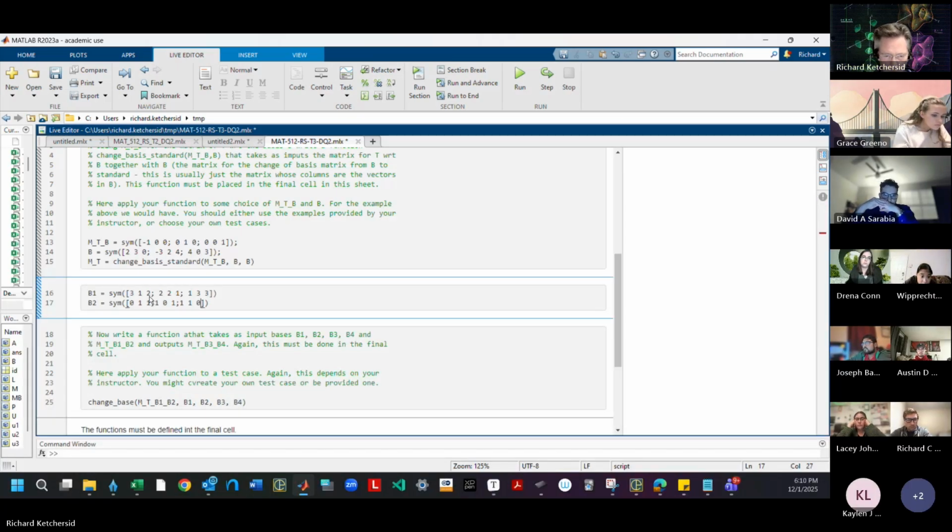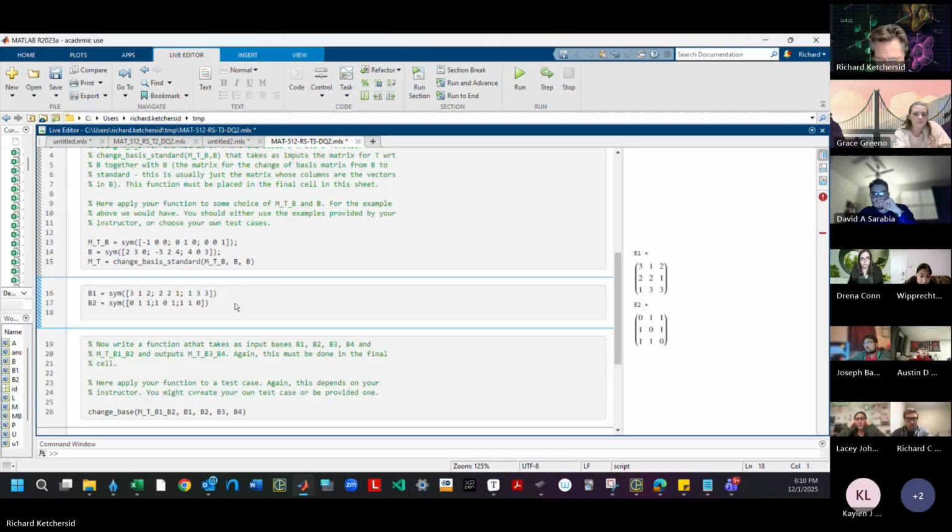Let's just make sure that looks right. Okay, so those are my two matrices there. That's good. And then the matrix of T with respect to B1, B2 we said was equal to, so that's a diagonal matrix. It was -2.